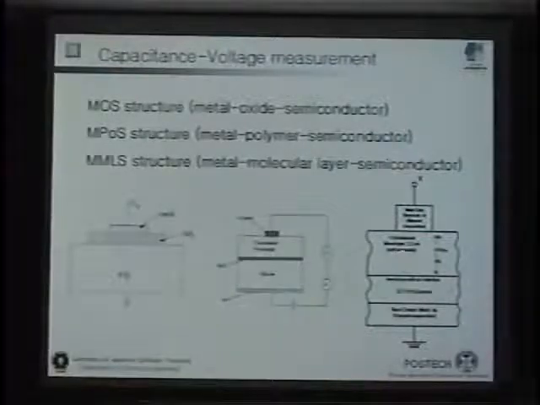And when you use this SAM feature, we can change the length, in other words the thickness, by changing the number of CH2 groups, for example from 10 to 15 or 20. And also we can modify surface properties by putting some functional groups at the end.